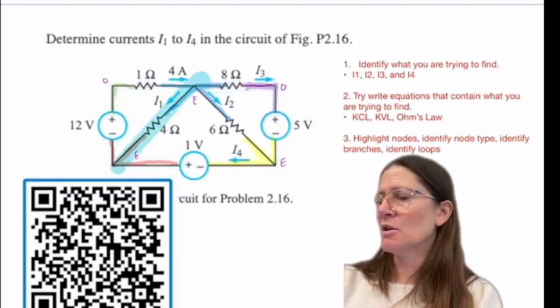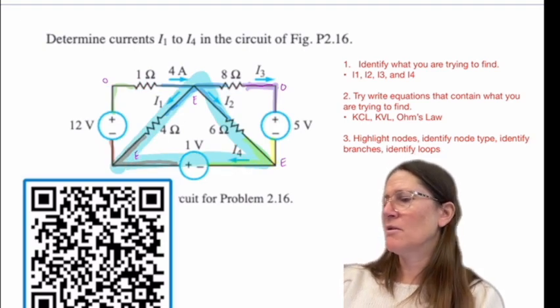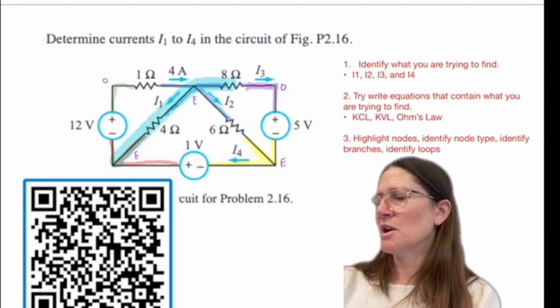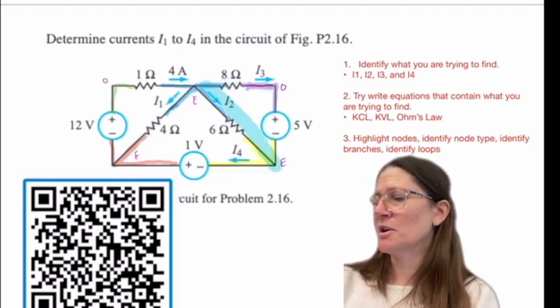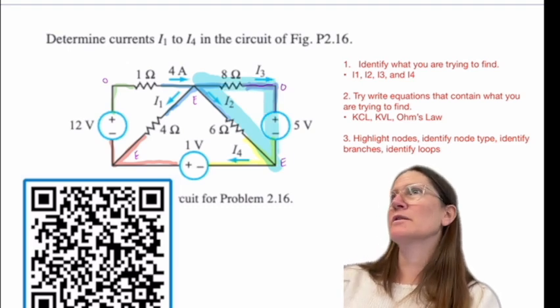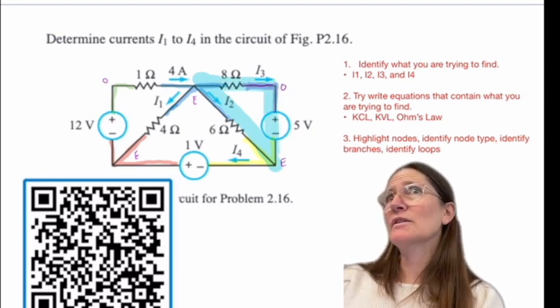There would be a loop in the middle. There could be a loop going around that way. And then there could be a loop going that way. So lots of possibilities of loops.